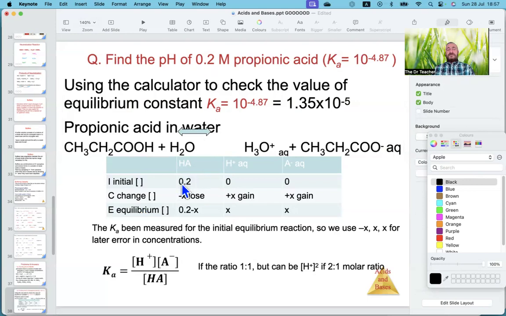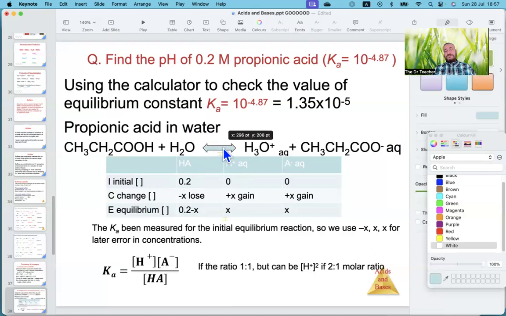It was originally, before, the initial concentration, 0.2 molar. And I don't know what was the H or the OH, the base. It was 0, 0 concentration. When it changes, this one loses minus X, but forming H and the base, they both gain plus X.